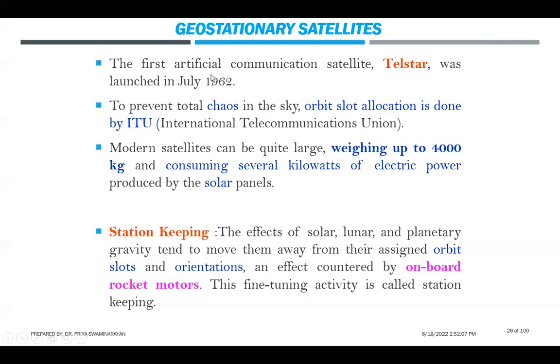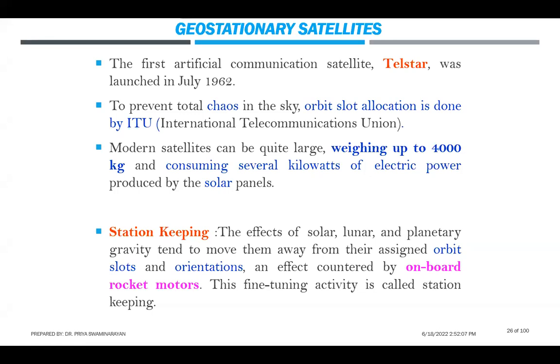Now, the first artificial satellite was named Telstar. Telstar was launched in the year 1962. There is one ITU, the International Telecommunication Union. This ITU is the authority, meaning we have to take permissions from the ITU to avoid any kind of chaos in the sky.